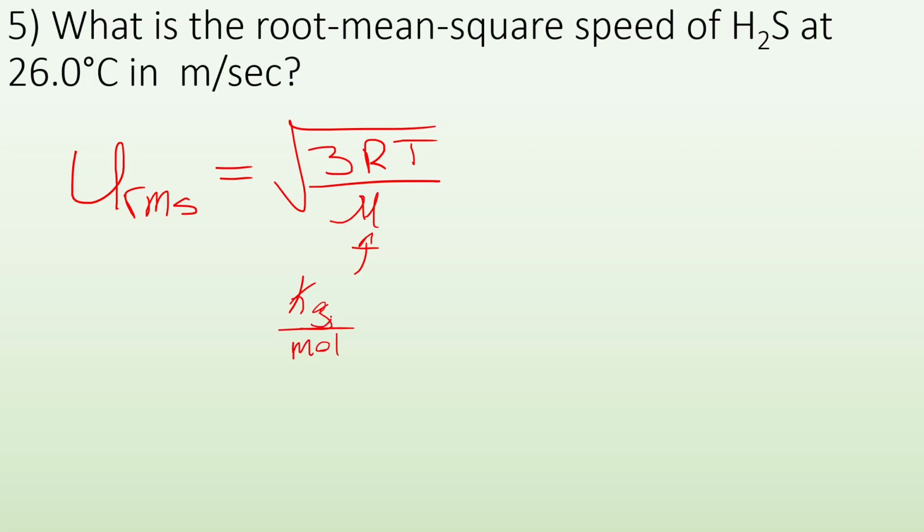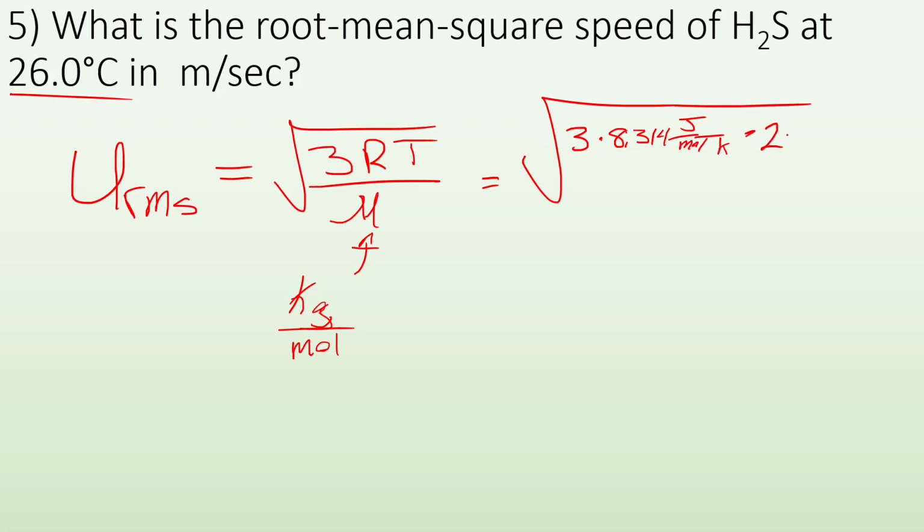Normally, we're real used to seeing it in grams per mole, but it's got to be kilograms per mole. So plug and chug. Square root of 3 times the 8.314 joules per mole Kelvin. Because we're dealing with energy and speed, we're going to want to use this R times the temperature. Well, 26 Celsius is the same as 299 Kelvin divided by the molar mass, but in kilograms.